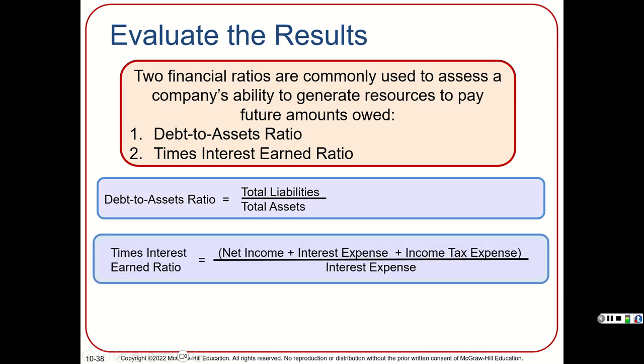And then your times interest earned ratio is your net income plus your interest expense plus your income tax expense divided by your interest expense.